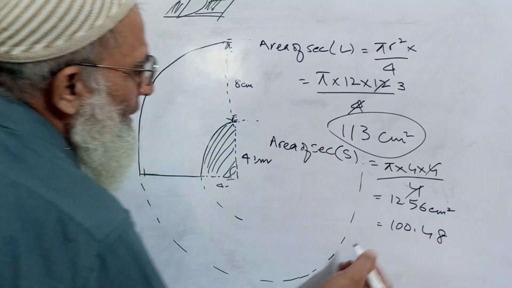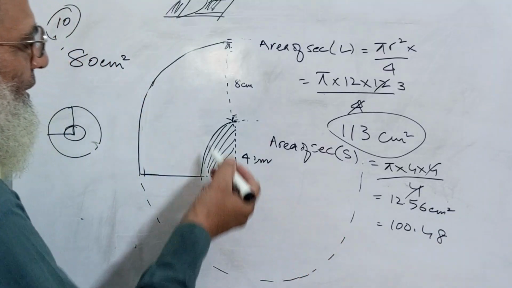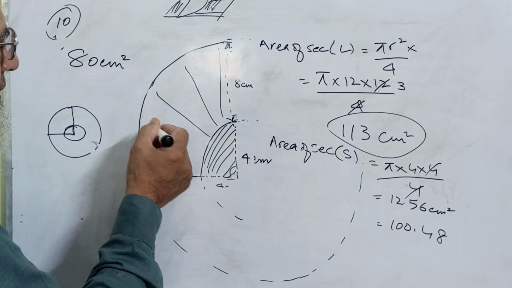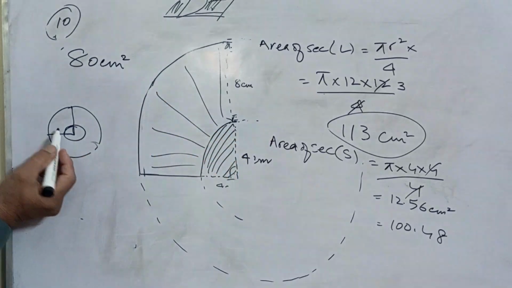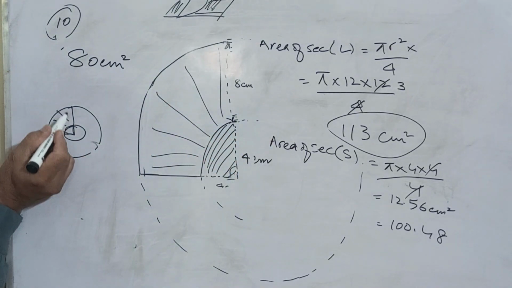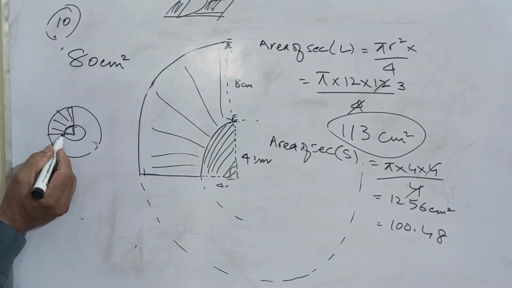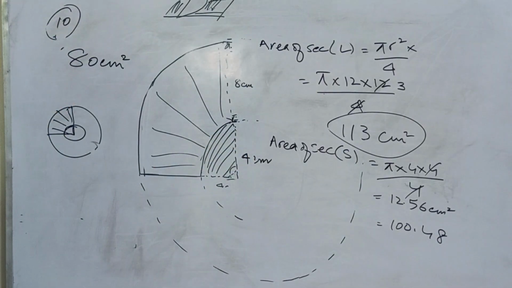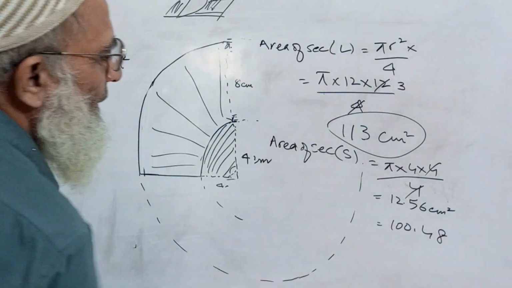100.48. Now what is this 100? The only curved path. Only this part is 100. We have just subtracted the hole from the washer. So it is 100.4.